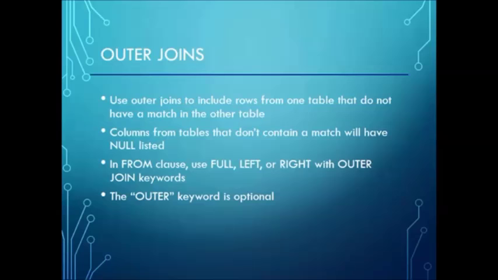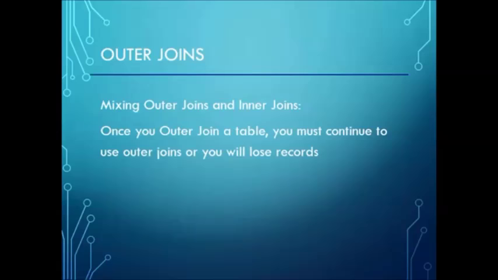So columns from the table where there isn't a record will get a null value listed for that column. And we have 3 types of outer joins. So we have to use outer join in our from clause, and we have to use left, right, or full. And we're going to talk about the difference between the 3 now. We'll come back to this slide.